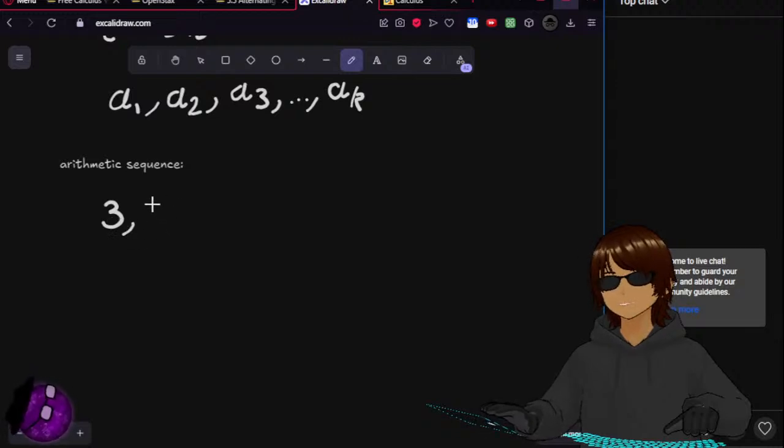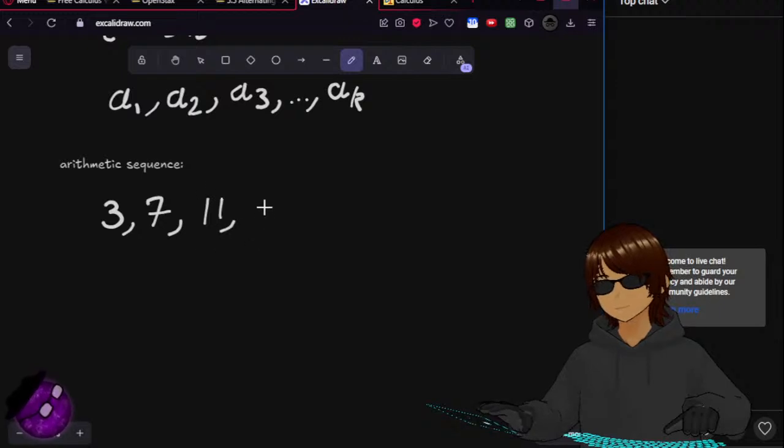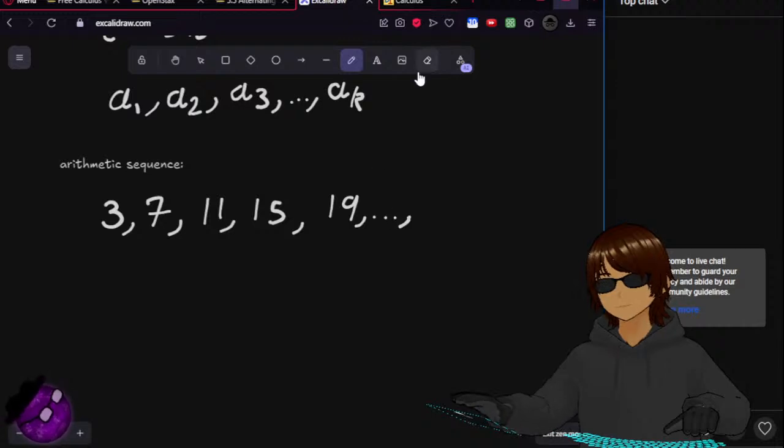So let's say 3 plus 4, 7. And then the next term would have plus 4 again, 11. And then 15. So plus 4 plus 4 plus 4, 19, and so on. Could either be infinite or finite.